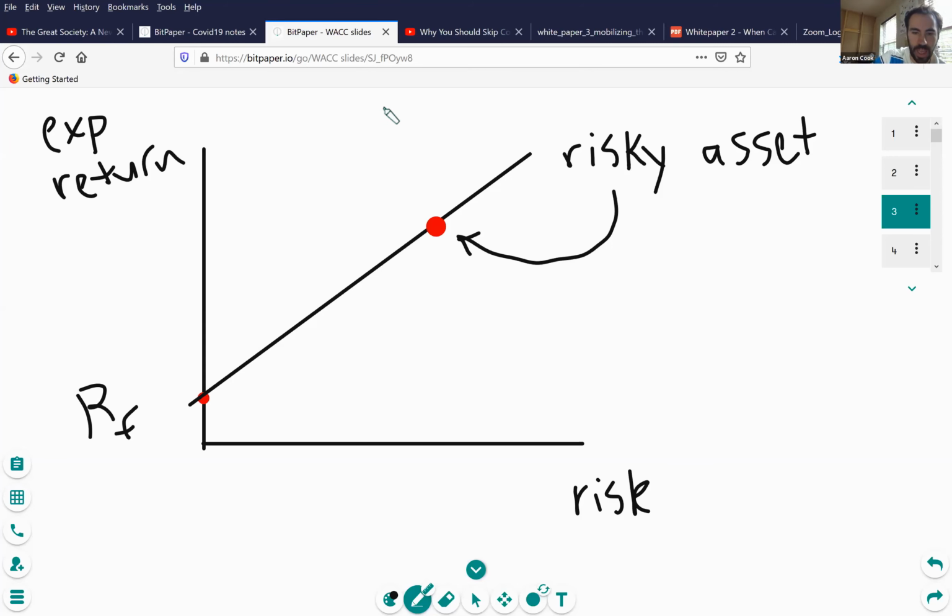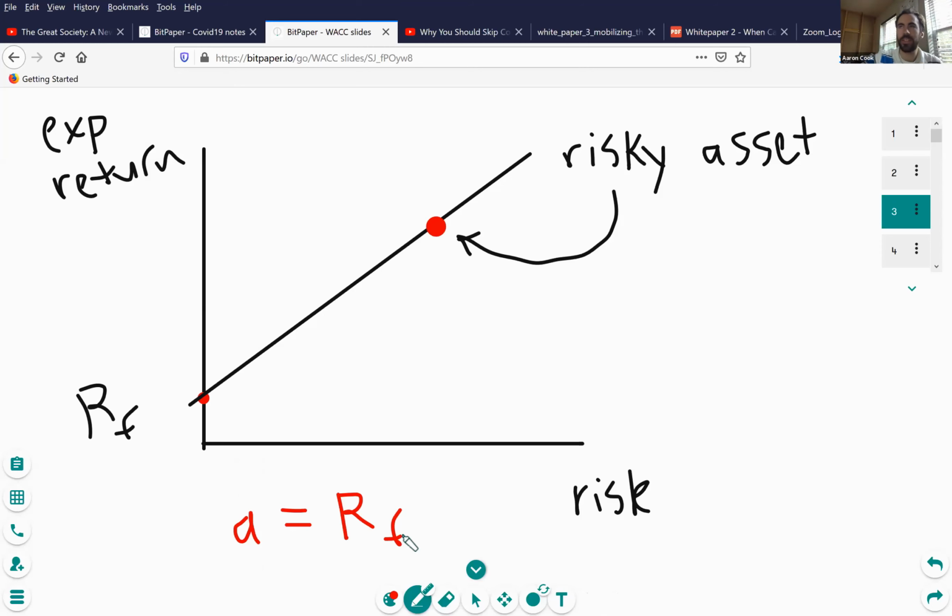Actually, we're going to fix a equal to the risk-free rate, because we know something about how investors are able to combine a risk-free asset with risky assets. That tells us that the intercept for that security market line should go through the risk-free rate.